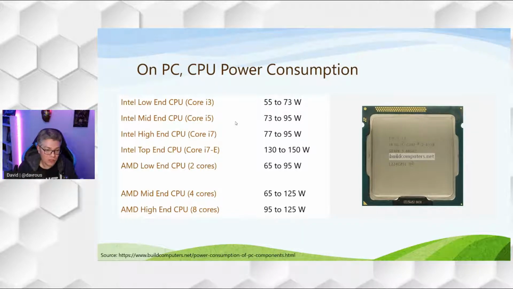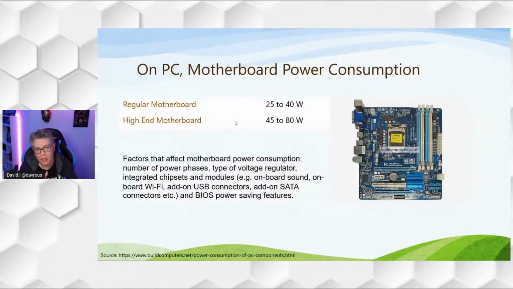And obviously, AMD and Intel are similar. Regarding the motherboard, if you have a low-end, normal motherboard, it will consume from 25 to 30 watts. If you have a gaming motherboard, once again like the motherboard I'm currently using, it could go up to 80 watts, because you have more components on it.